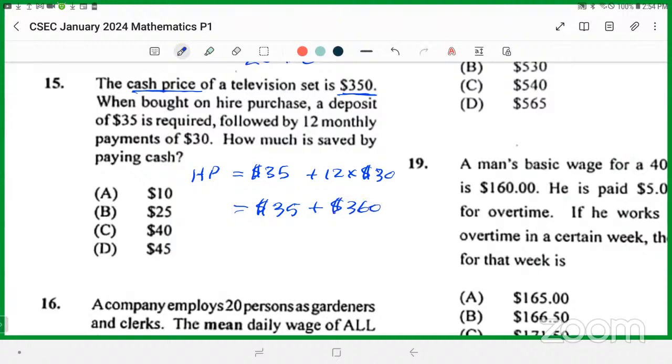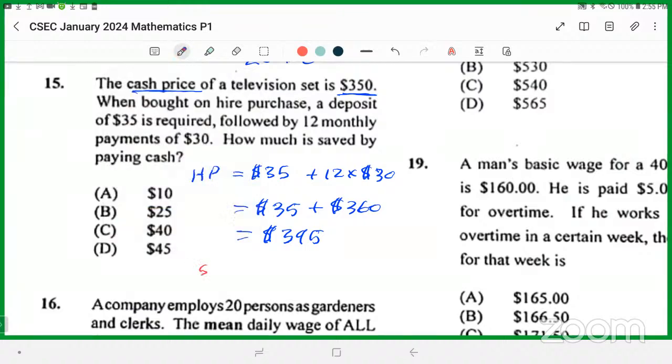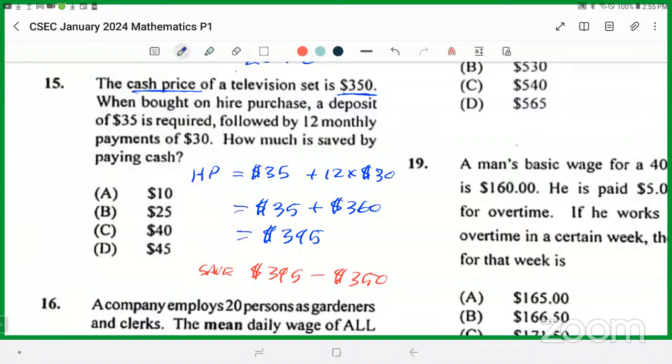When you add these two, we get $395. But the cash amount was $350. This is $45 more than it. So you have to pay $45 more. So we can say save: $395 minus the cash amount of $350. That's $45. So saving $45 right here.